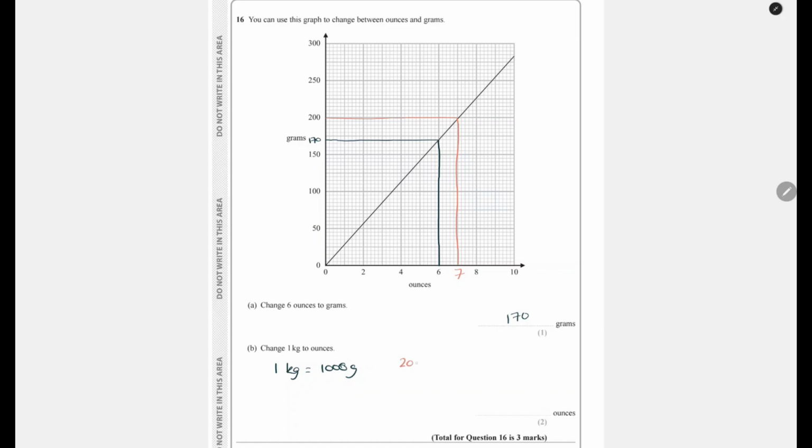And so if 200 grams is 7 ounces, to get from 200 to 1,000, that's multiplied by 5. And so 7 multiplied by 5 gives us 35 ounces.